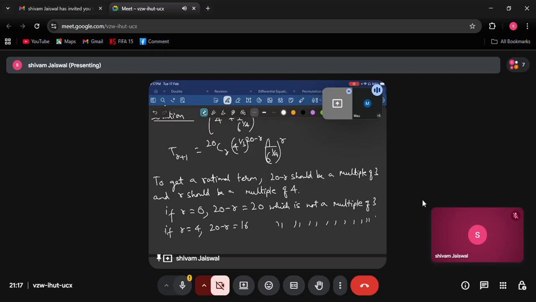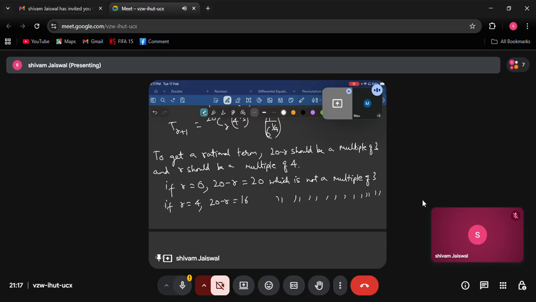So Shamita, can you give me an example for what value of r 20 minus r will also be a multiple of 3? Sir, if r equals 5, then it is a multiple of 3.